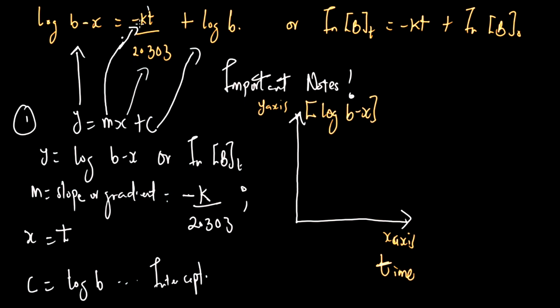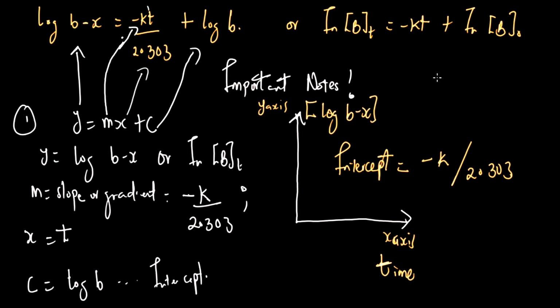Because the value of our slope is negative, it equals minus k over 2.303. So therefore, a plot of this against the time always gives a straight line graph.